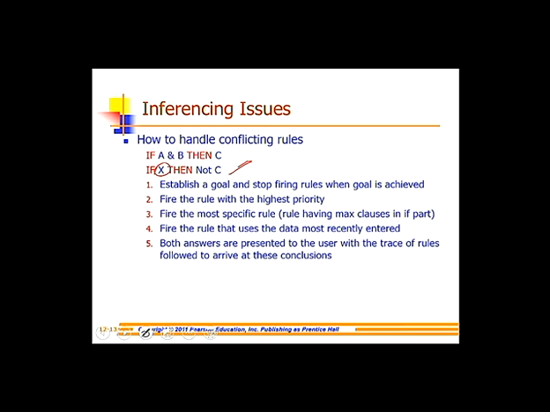So another way of handling the conflicting rules is we present both answers to the user and we ask them to choose. I mean, we can tell them that if we follow these set of facts, then this is the answer. If we follow these set of facts and these rules, then the answer is this. So the choice is for the user. Both answers and their justification is presented to the user.